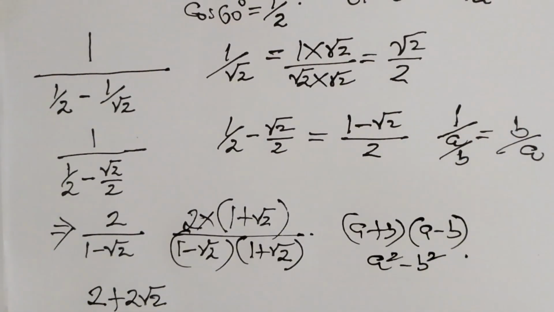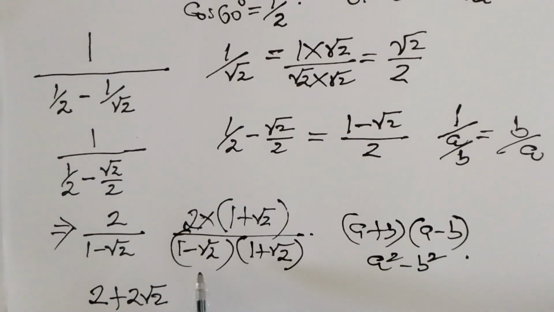We've already learned about that. So this will be the same as 1 squared, which is 1, minus root 2 squared, which is root 4, which is 2. 1 minus 2.